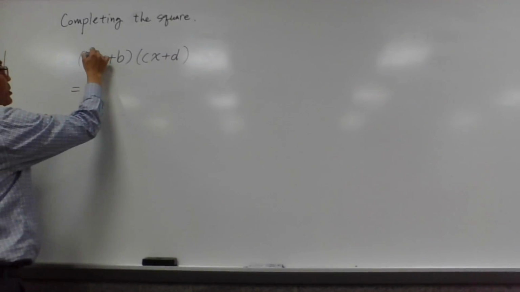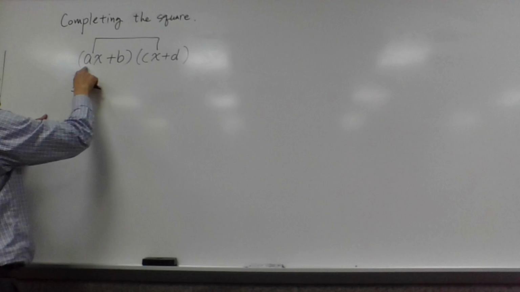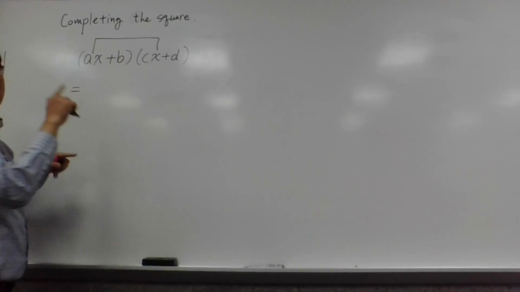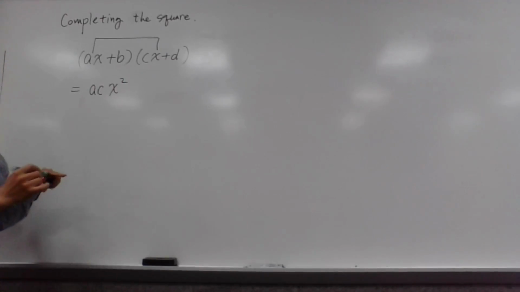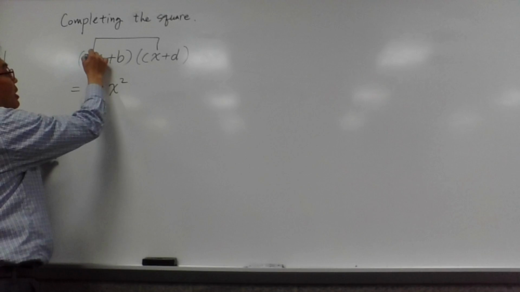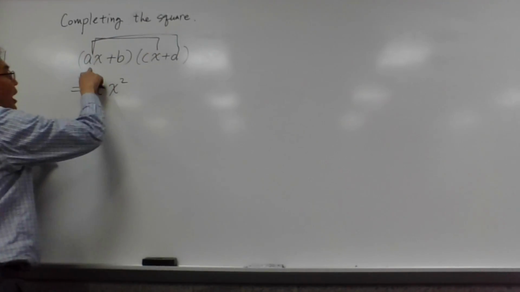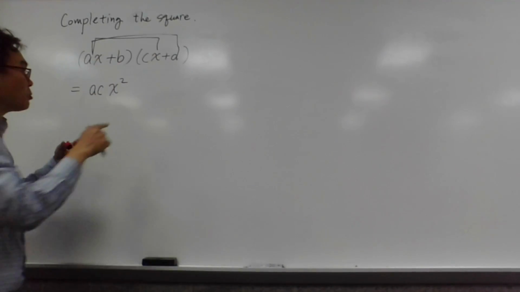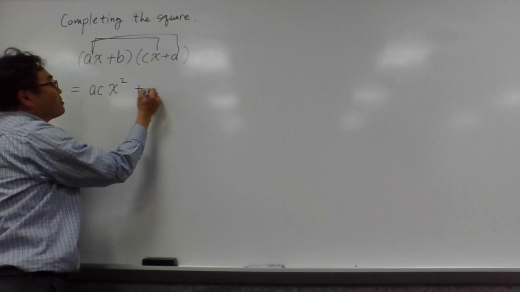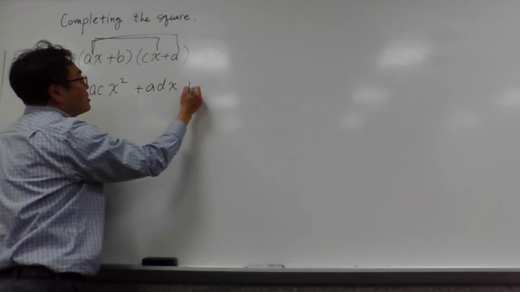So first, a times c times x times x. So you get x squared, right? So you get acx squared. And then outer, ax times d, so it's adx. Multiplication is commutative, so you want to write down x at the last. So it's adx.